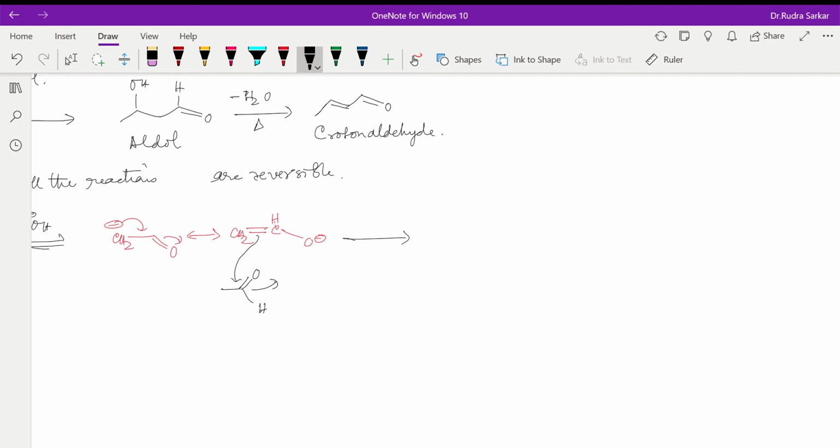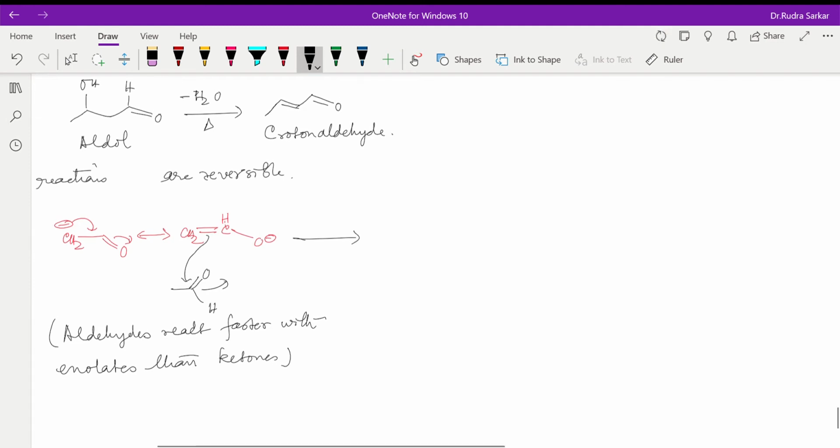Okay, and here it is worthwhile to mention that aldehydes react faster with enolates than ketones. Something we have already discussed before.